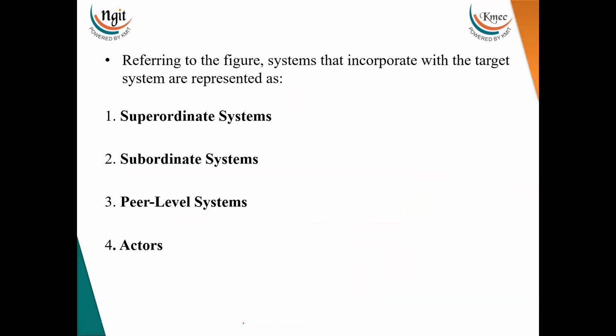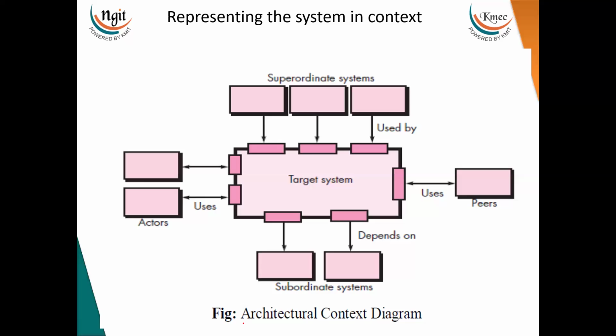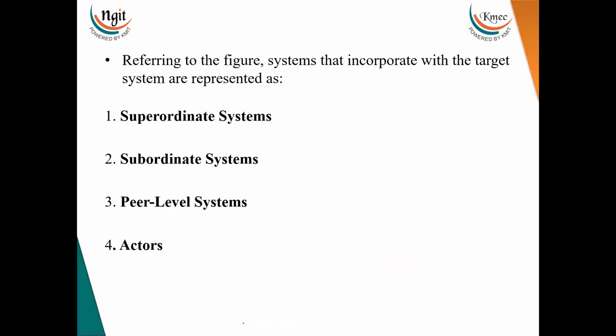So referring to the above figure, the systems that interact with the target system are represented by superordinate systems, subordinate systems, peer level systems, and actors. So what are these?